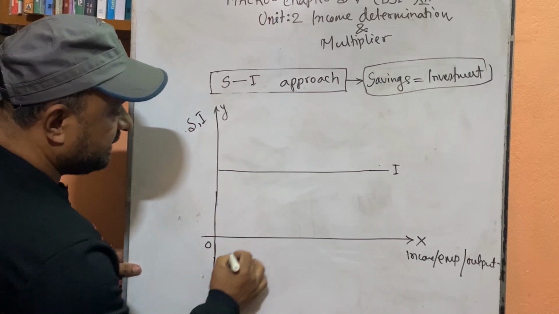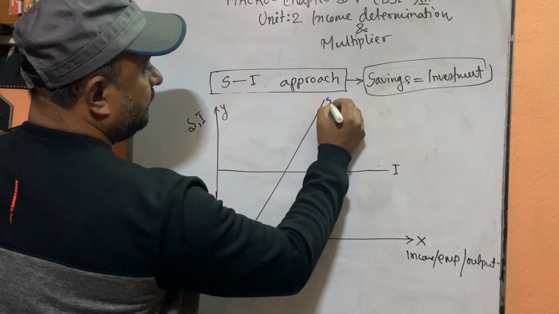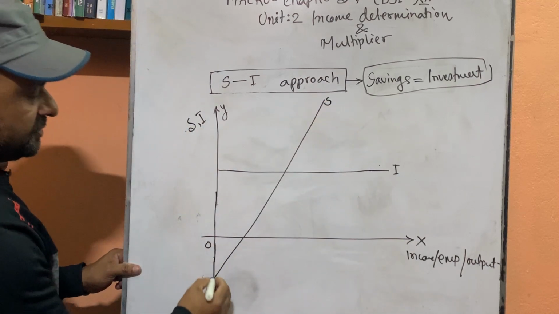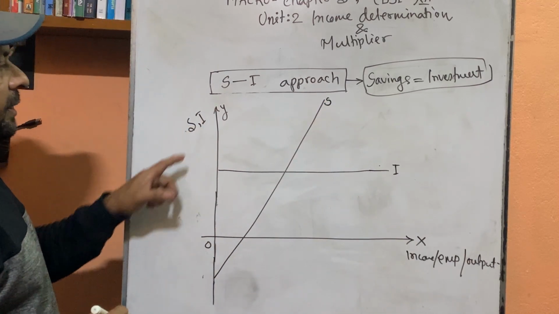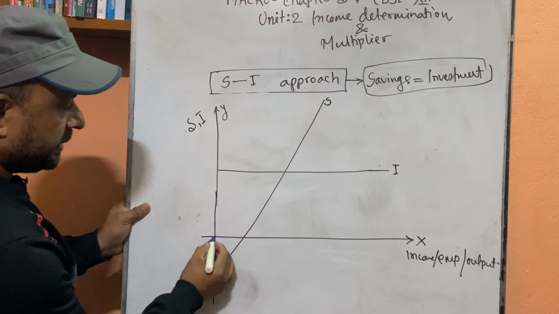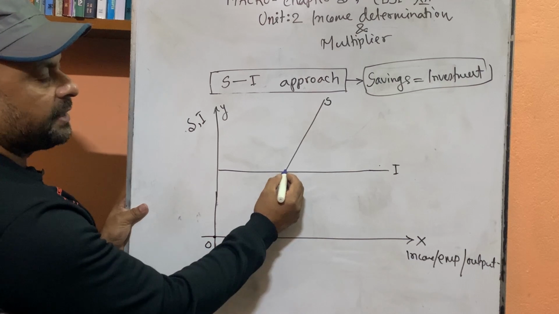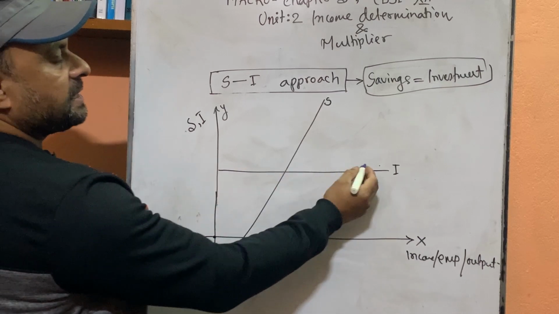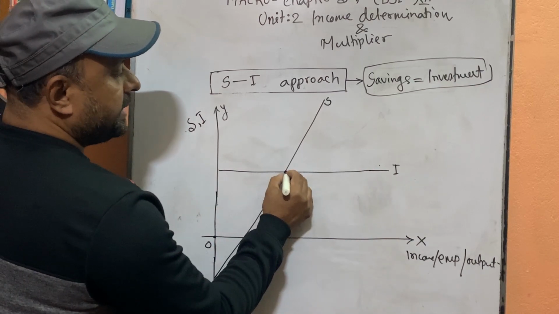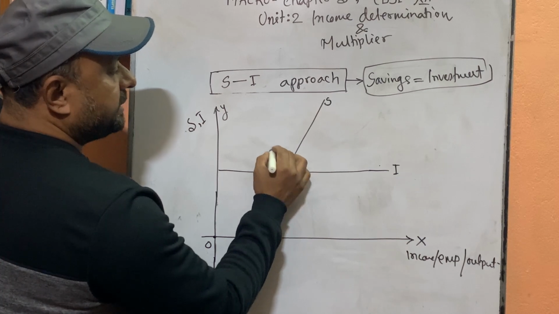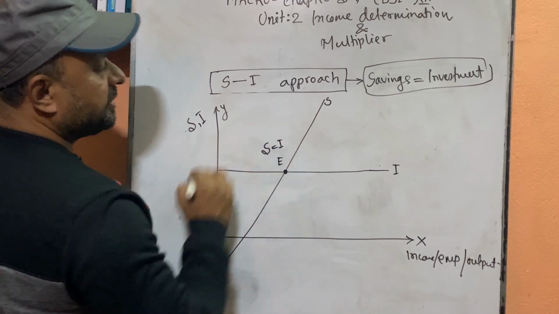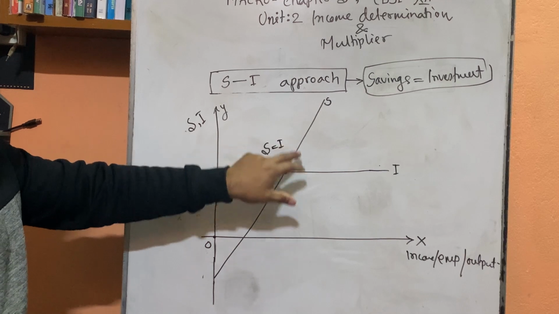And this is our savings curve. The savings curve starts from the negative range of the y-axis, because when there is no income, savings is negative. Now this is the savings and investment curve, and this is the equilibrium point, because at that level savings and investment are equal, because both curves intersect.